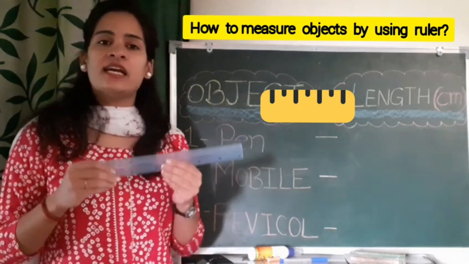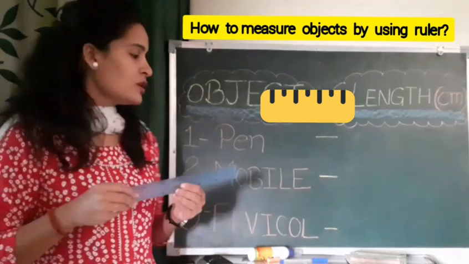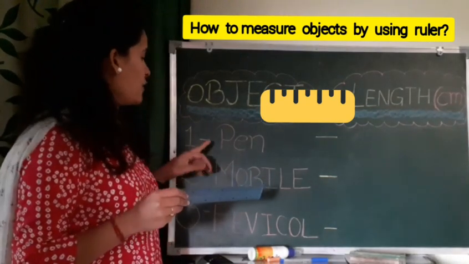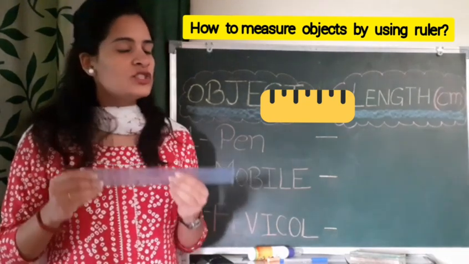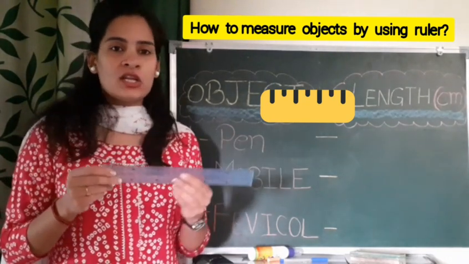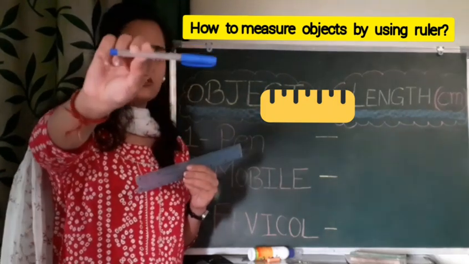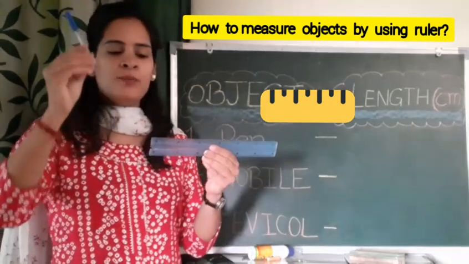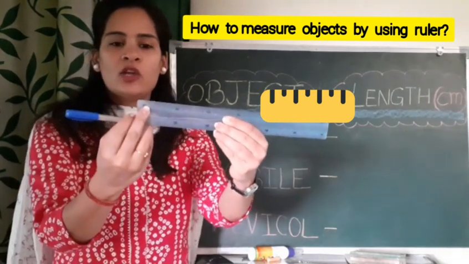If we want to find the length of anything, we use a ruler. So the first object is our pen. I will put this pen on the 0 point. Here you can see 0 is there.